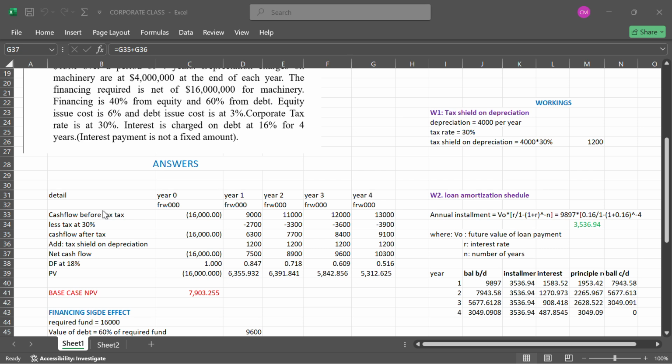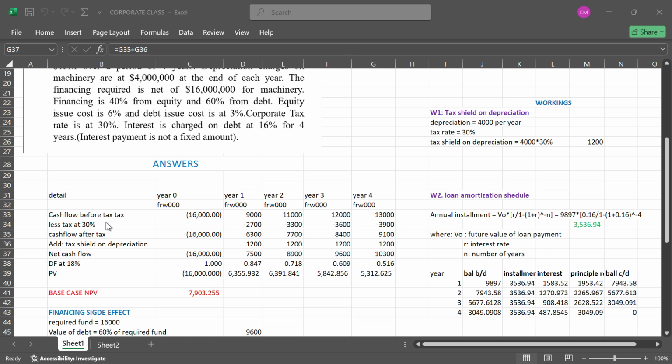And then you must write year 0 as where the project is going to be started. Okay. Here are the details: year 0, year 1, year 2, year 3, year 4. Amounts are in thousands, of course.